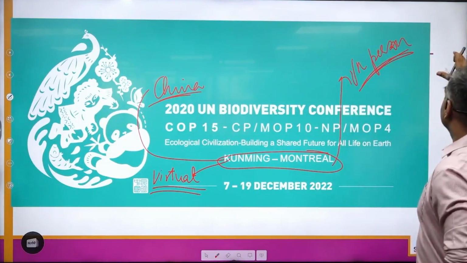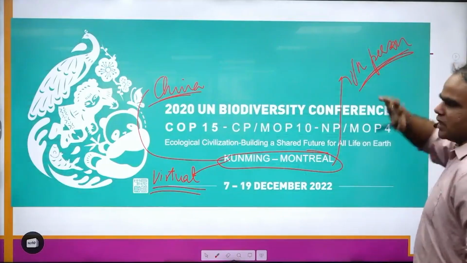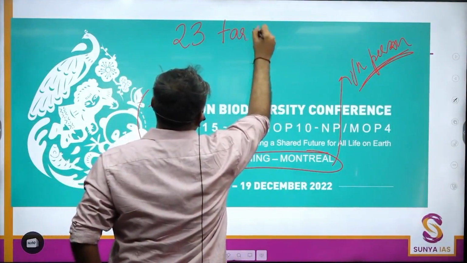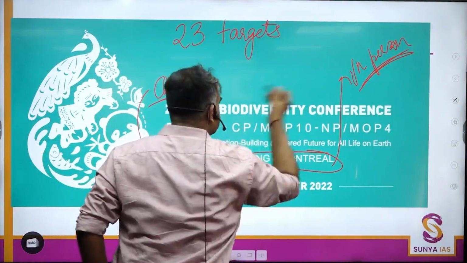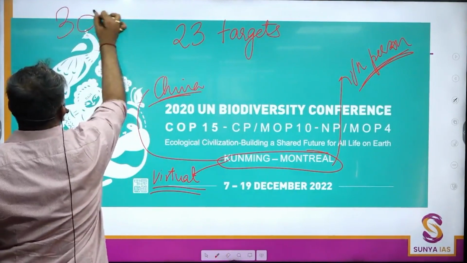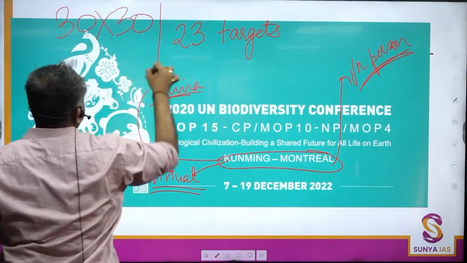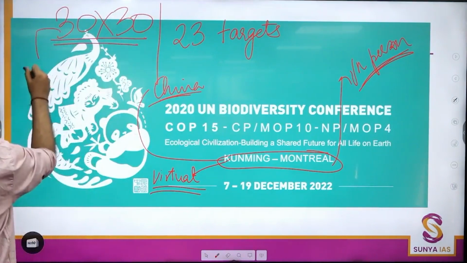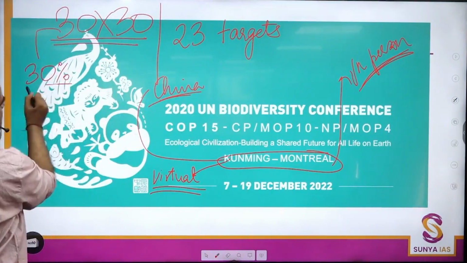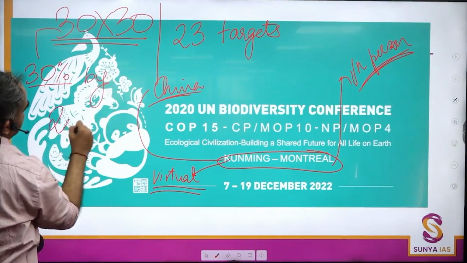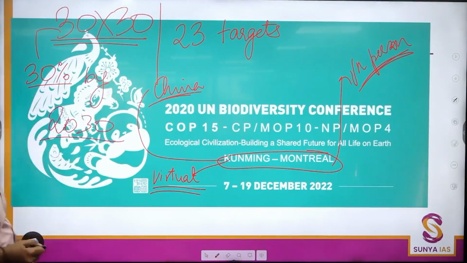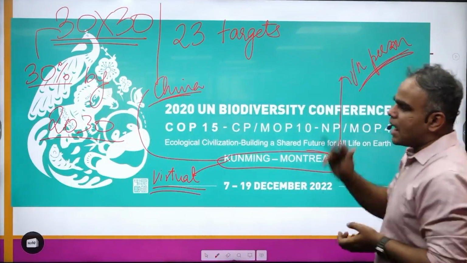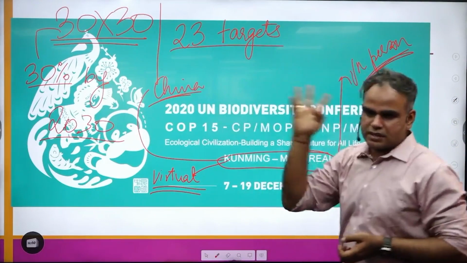Now here what do you have to know? Two things. Here you have 23 goals or targets, and in this you also have something known as 30 by 30. 30 by 30 means to save 30% of land and sea by 2030, and it has overall 23 targets.